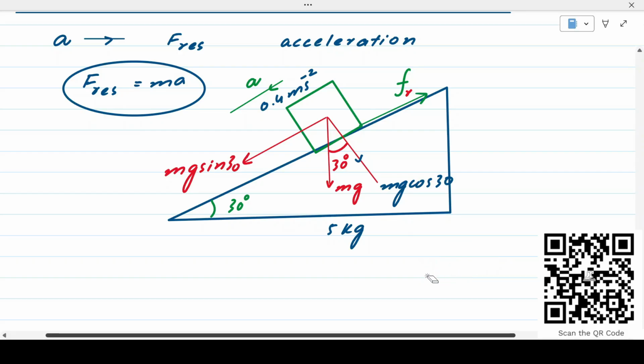Let's say you need to find the friction. Now since you see the acceleration, the very first thing you do is write F resultant equals ma. That's it. First write this.